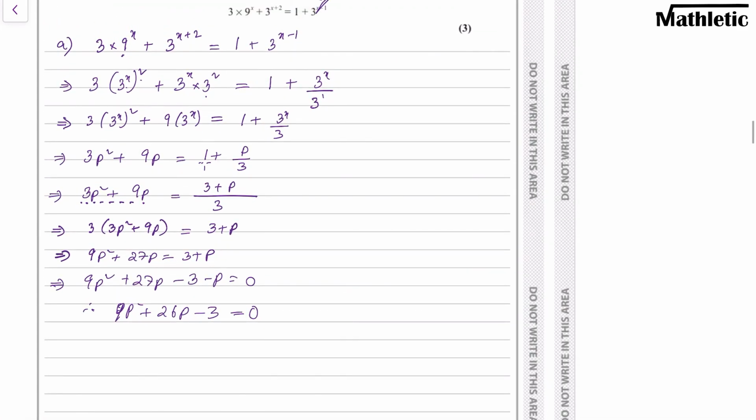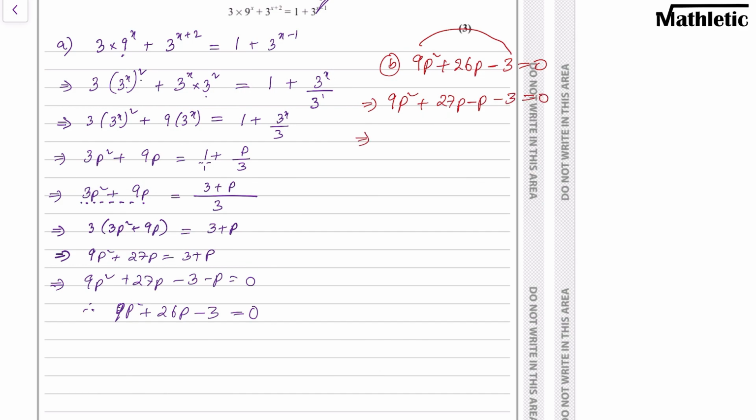So for part B, 9p square plus 26p minus 3 equals 0. So 9 3s are 27, so the middle term will look like this, 27p minus p, as in 27 into 1, and the difference of these two should give us 26. Basic middle term equation thing.